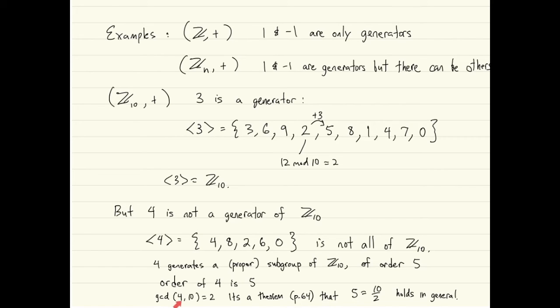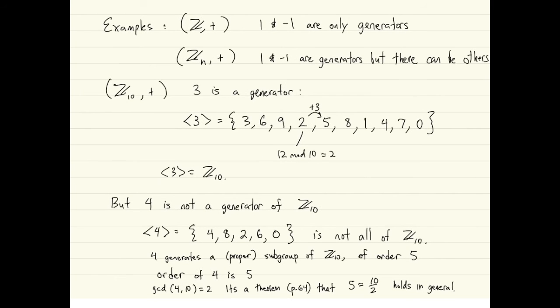Also, the GCD of 4 and 10 is 2, and it's a general fact that the order of 4, which we found to be 5, is the same as 10 divided by the GCD.